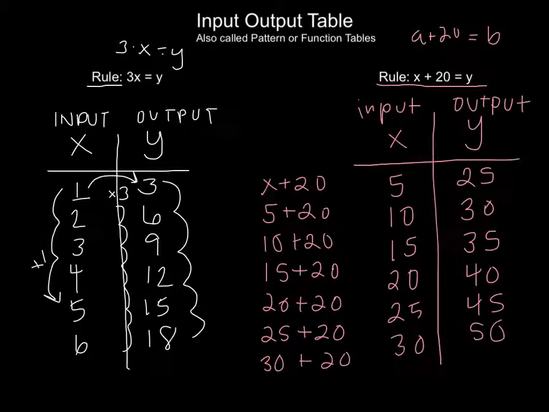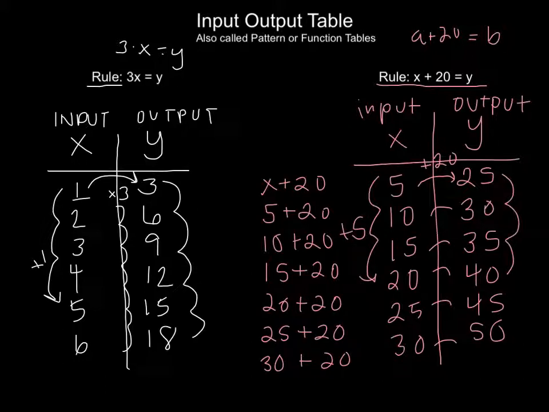So the relationship from x to y is that y is 20 more than the x. And that works on every single one of these pairs. I also can see my pattern with x. It increases by 5, as well as y.